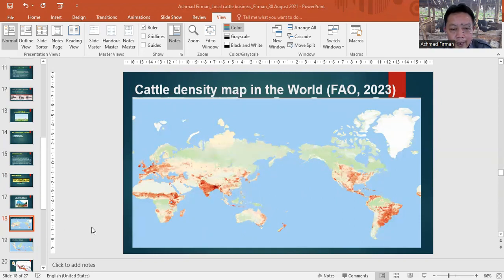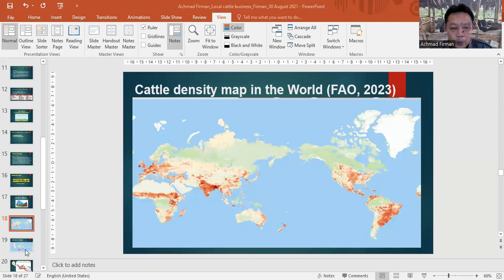Areas with cattle density above 50 head per square kilometer, such as the USA, Latin America, Africa, Europe, India, China, and Australia, are beef cattle supplier countries for other countries. I think these are the countries known as the barn of cattle.